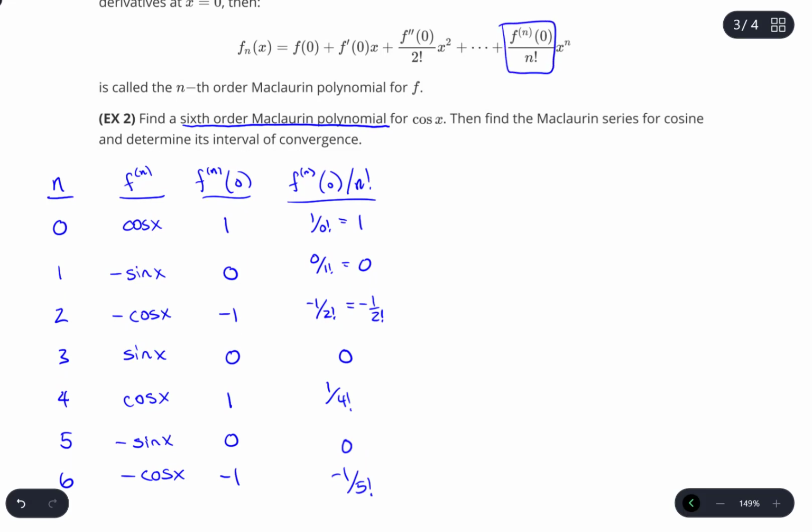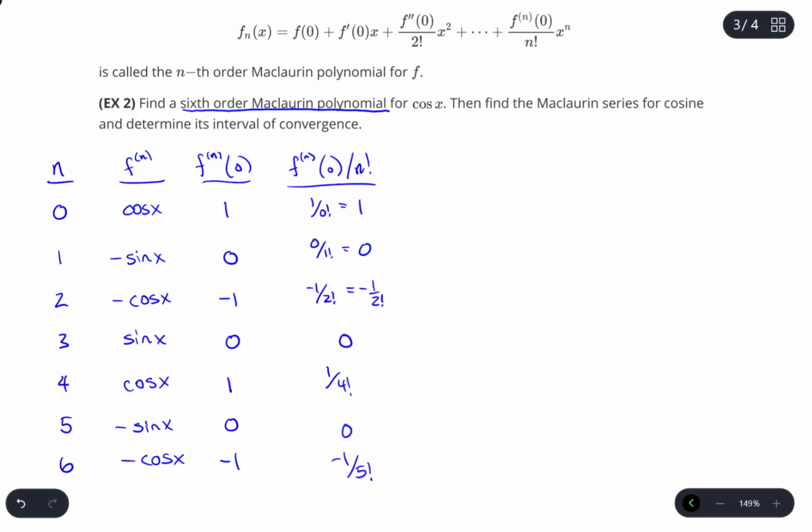Now, if you'll notice with the Maclaurin, this polynomial term becomes easier. It's just x, because if you're centering at 0, x minus 0 is just x. So I'm going to declare my sixth order polynomial here and write it out.